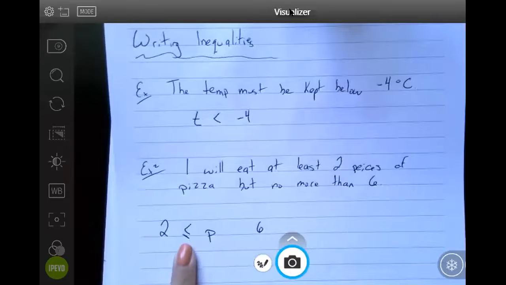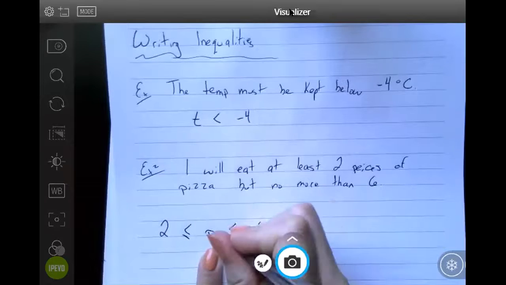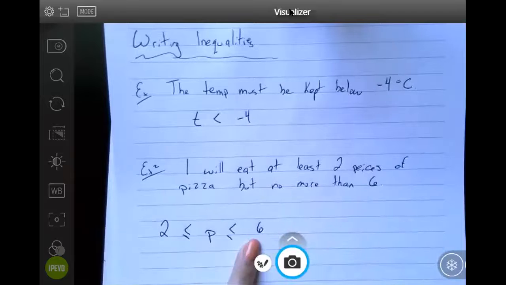So P is greater than or equal to 2. Now, when it comes to the 6, the number of pizza slices I eat will be no more than 6. So that means my pizza slices will be less than 6 or could be exactly 6, but it won't be more than 6. Okay, so this is what my equation would look like.